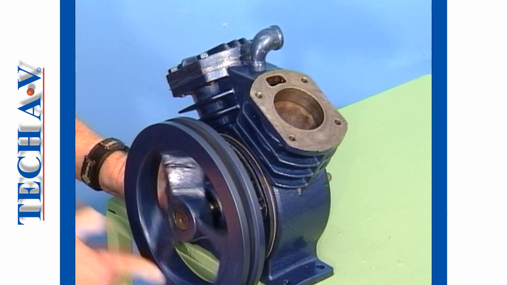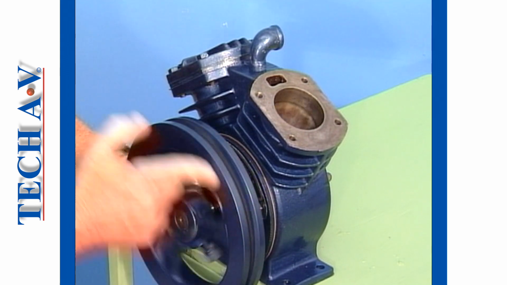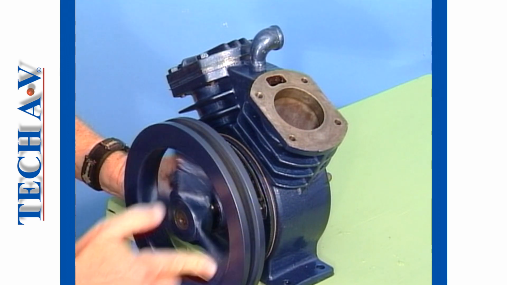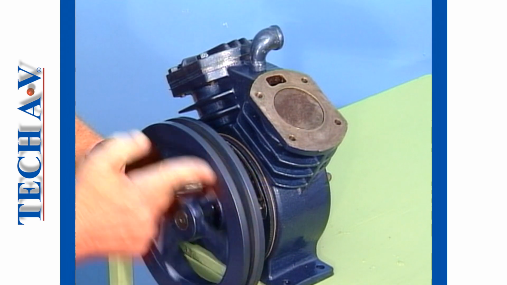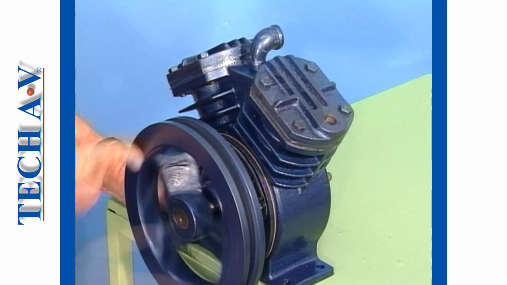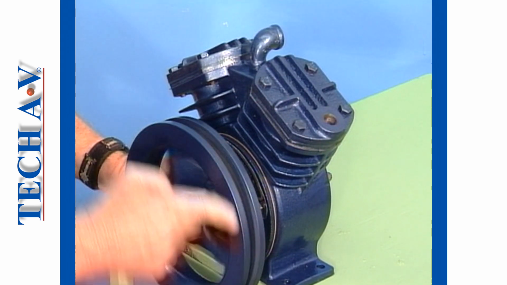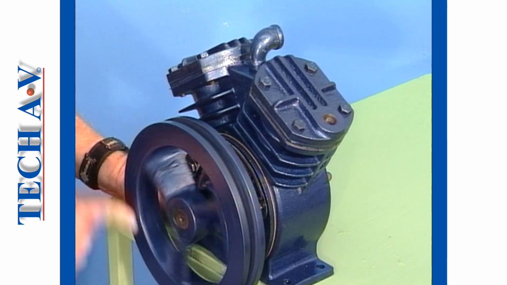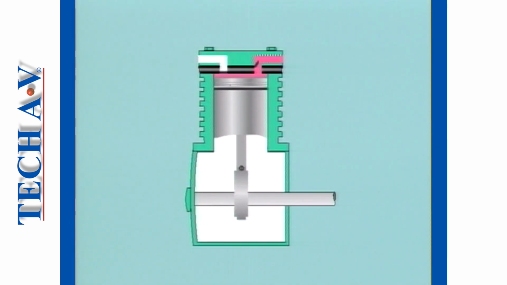As the crankshaft is driven by the drive motor, the rotating motion of the crankshaft converts into linear motion of the piston. The head end of the cylinder is closed, and the piston compresses the air between itself and the closed end of the cylinder, sometimes called a cylinder head.